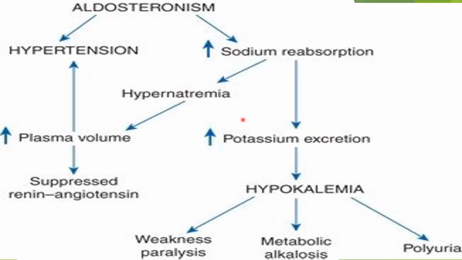The other effect is excretion of potassium into the urine that causes hypokalemia. Hypokalemia clinically manifests as muscle weakness, metabolic alkalosis, and polyuria, because hypokalemia is one of the causes of nephrogenic diabetes insipidus. So hypokalemia and hypertension are the two main effects of hyperaldosteronism.